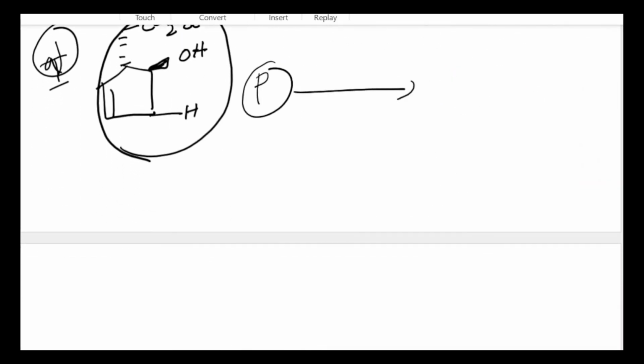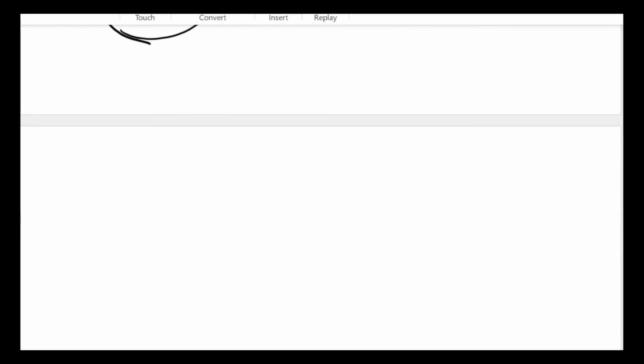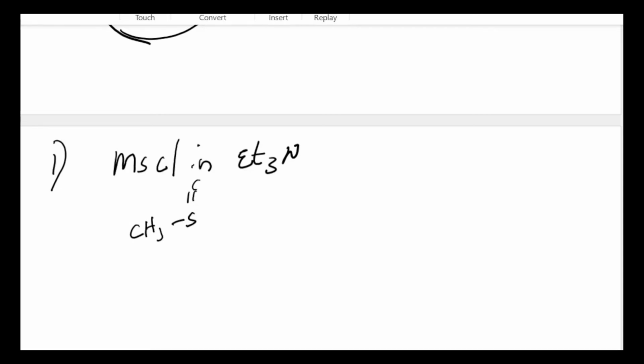From P to Q, there is a set of reagents. The first one is methanesulfonyl chloride in the presence of triethylamine. Methanesulfonyl chloride is basically CH3S(=O)Cl.